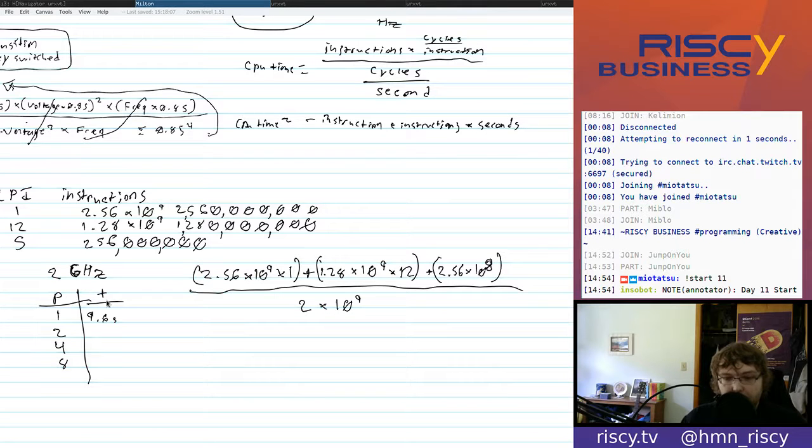Now what we're saying is for two processors, so dual core, we're splitting the workload up across threads, and I don't understand why the branch instructions are the same across cores.